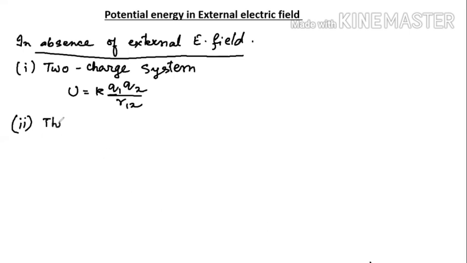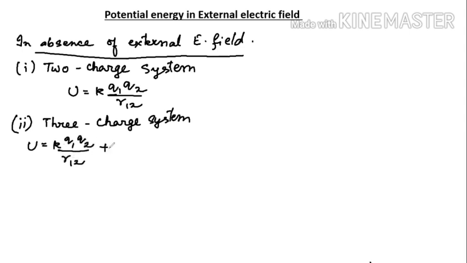For a 3 charge system, our potential energy expression was K Q1 Q2 by R12 plus K Q2 Q3 by R23 plus K Q1 Q3 by R13.